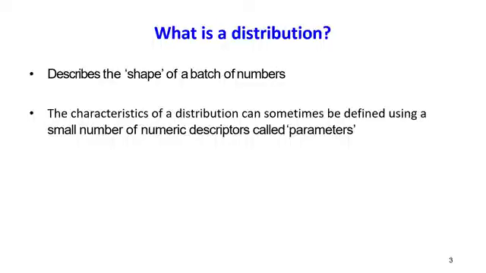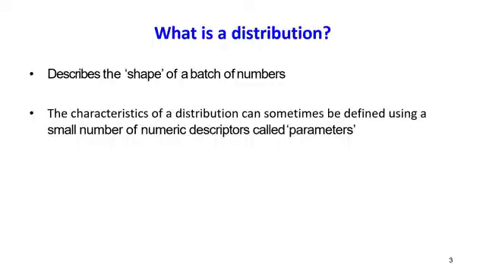So basically, a distribution describes the shape of particular data. That data can be a continuous variable or a discrete variable, and based on that batch of numbers, you can define its shape. Okay, and that is nothing but a distribution.